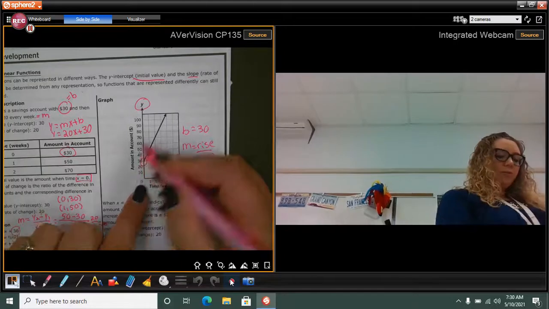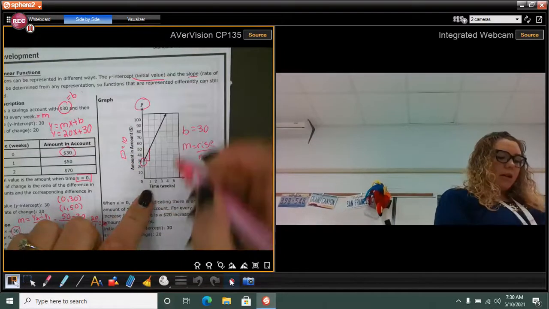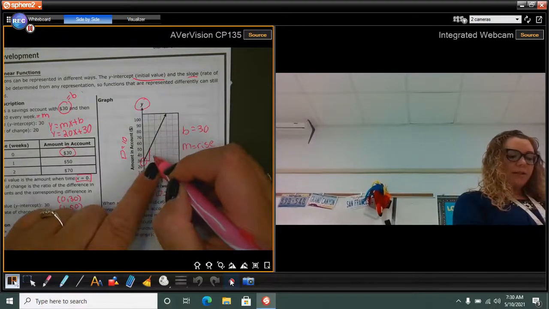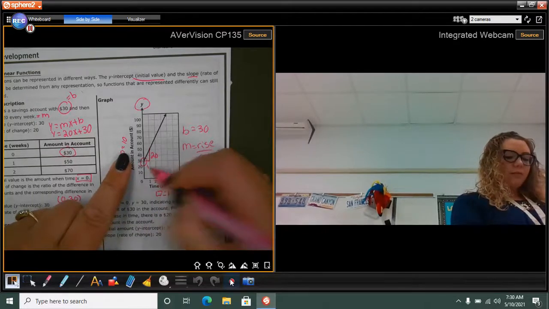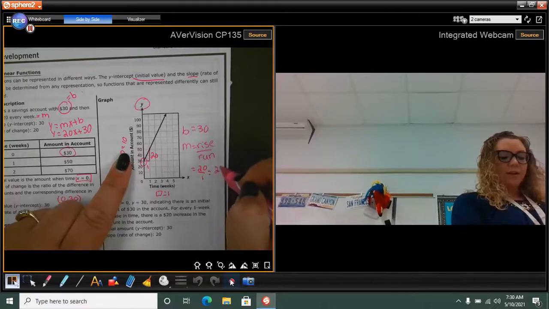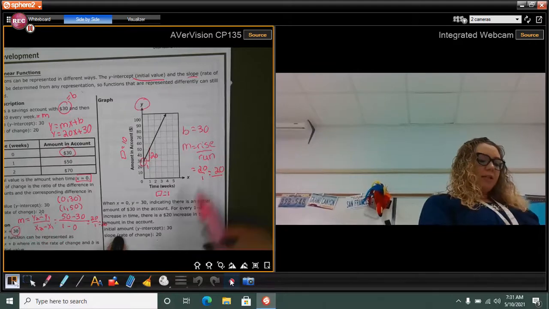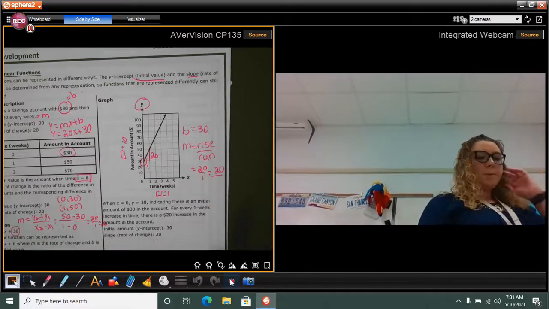Over here, what is each box counting by? 10. And down here, 1. So I rise 2 boxes. 2 boxes is 10 each, so I have 20 over 1. Simplify that, and it will give me 20. So my slope is going to be 20, and my y-intercept is going to be 30.